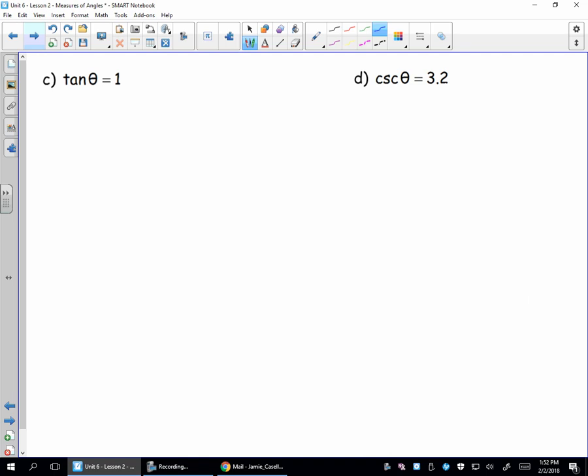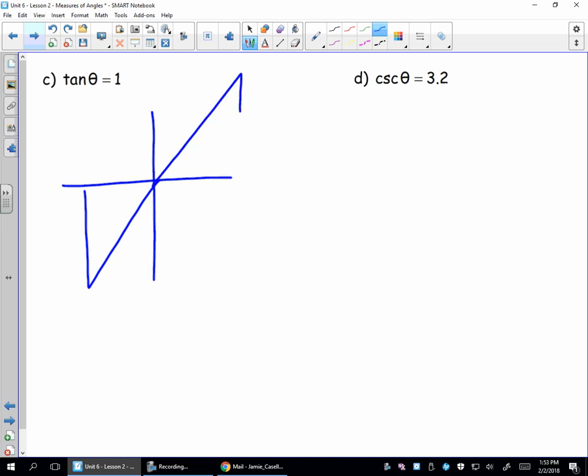I got tan theta is 1. Where is tan positive? Well, it's positive in the T and the A. Tan is y over x, so 1 over 1, but we know they're both negatives, so it's left and down. This is a 1, 1, root 2 triangle, which makes these pi over 4s.